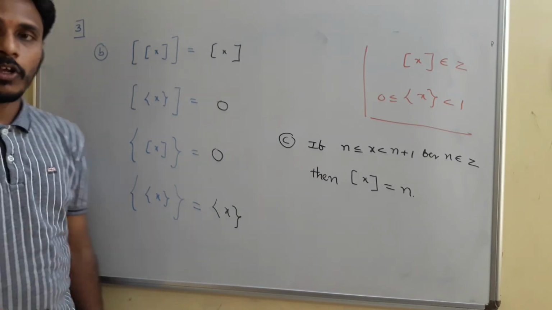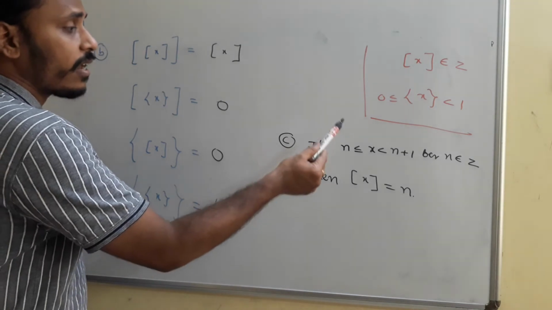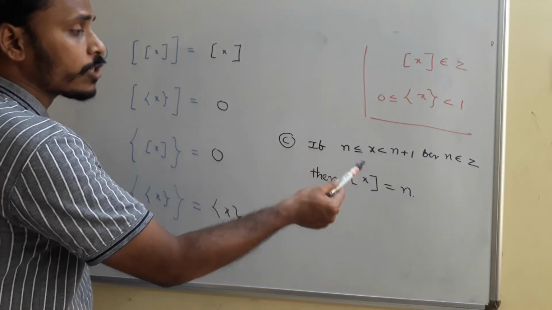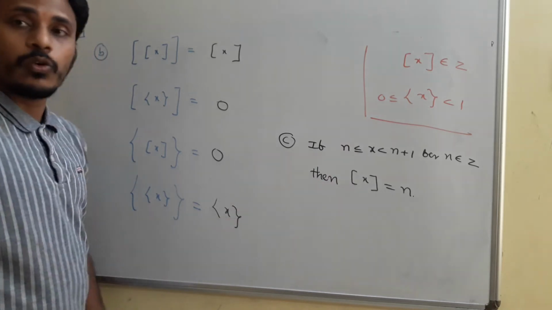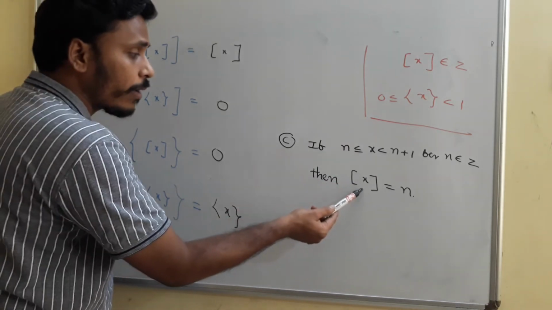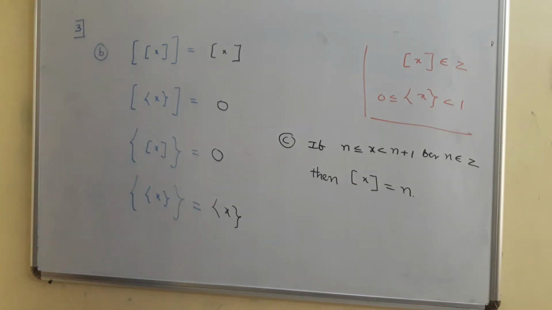Just have a look. Based on this, I will generate the next idea. Since n is less than or equal to x, which is less than n plus 1, for n belonging to Z, then for sure floor x is equal to n. So now replace this floor x in the place of n. What will happen? Just think about it.